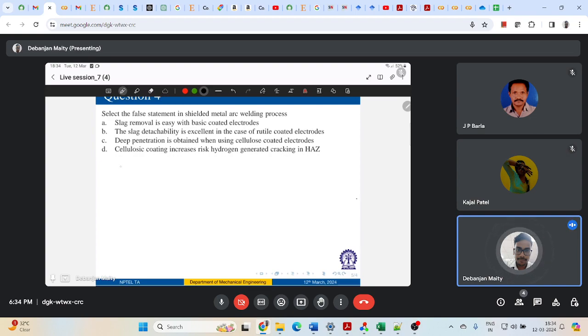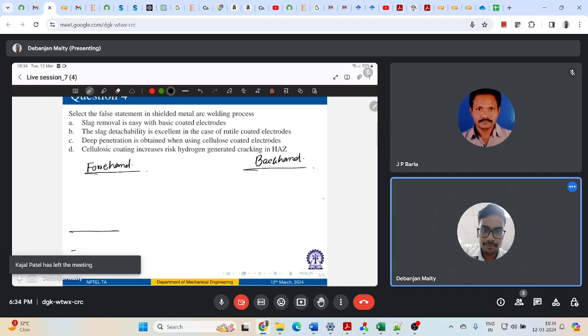So this is for the forehand welding method, and this is the backhand welding method. Okay. So in my forehand welding method, yes, this is my weld metal.